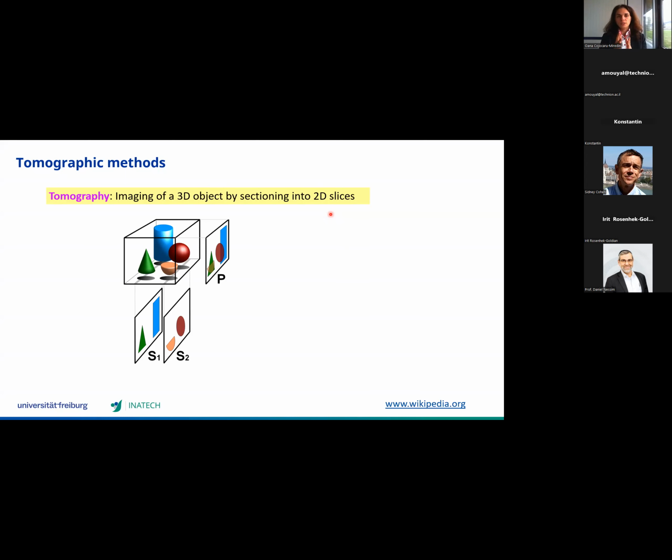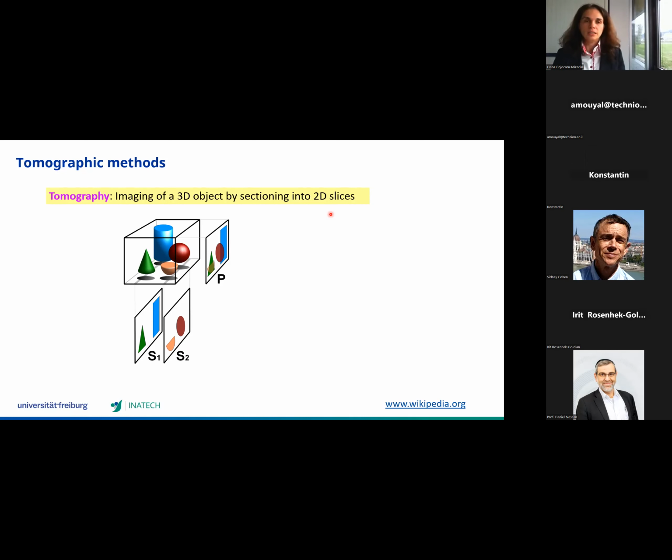It's a position-sensitive detector. So basically, we get 2D planes for successive times. And then if we reconstruct and recombine all these 2D slices, we get a 3D object. And this is all about atom probe tomography.